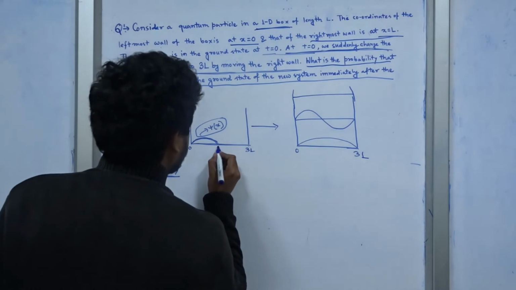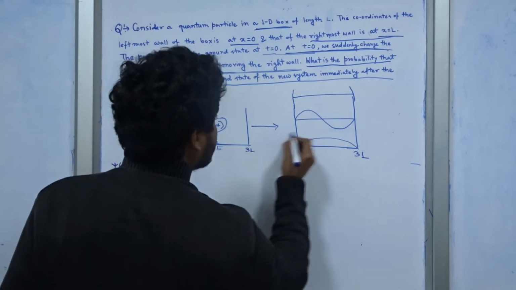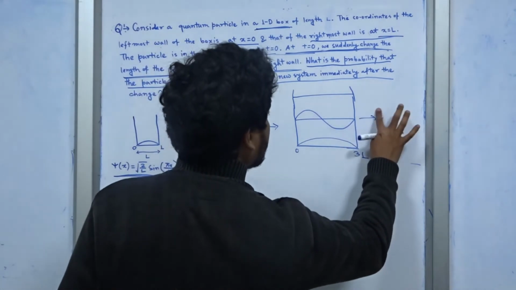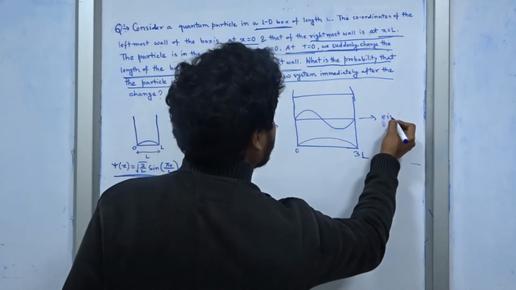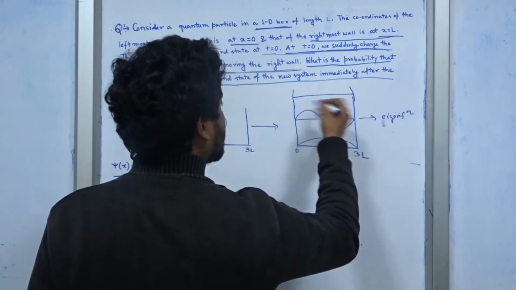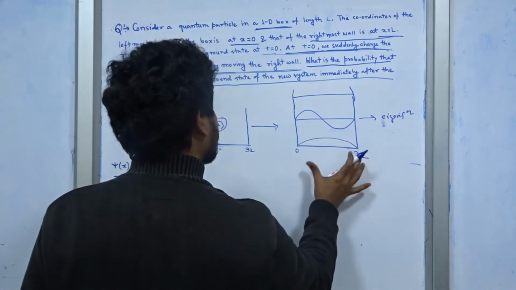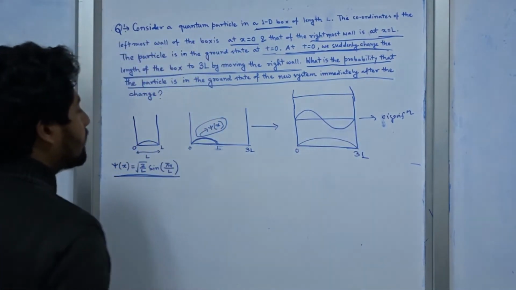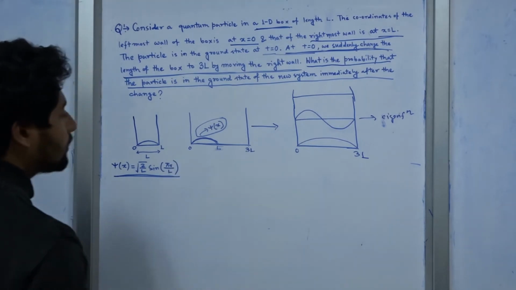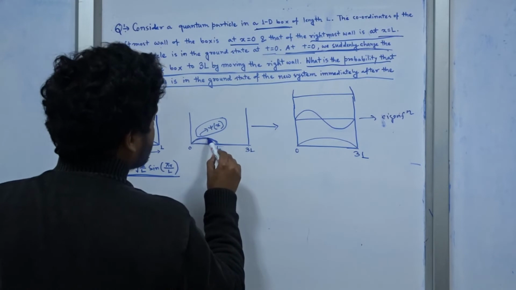So it is only 0 to L up to this, and these are the eigenfunctions, the wave functions of a 0 to 3L box, and this is the original wave function, which, due to the sudden expansion, looks like this.